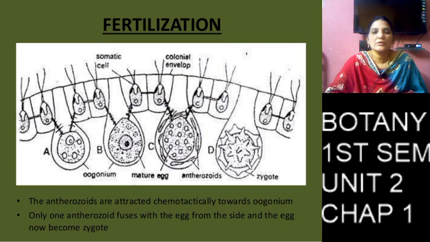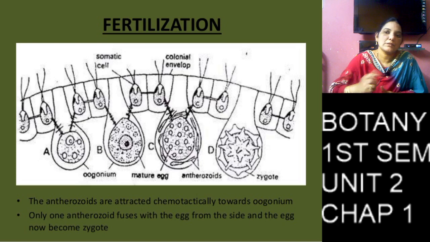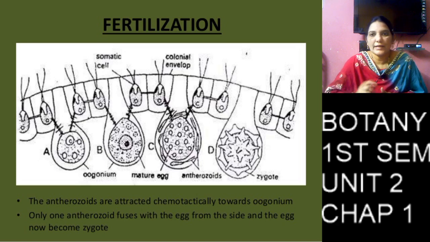Here also, the antheridium cell loses its flagella, turns into a round shape structure, and undergoes many divisions, 1 to 2, 2 cells to 4 cells, 4 cells to 8 cells.